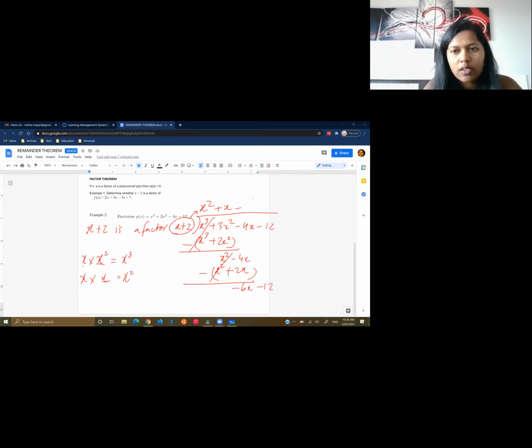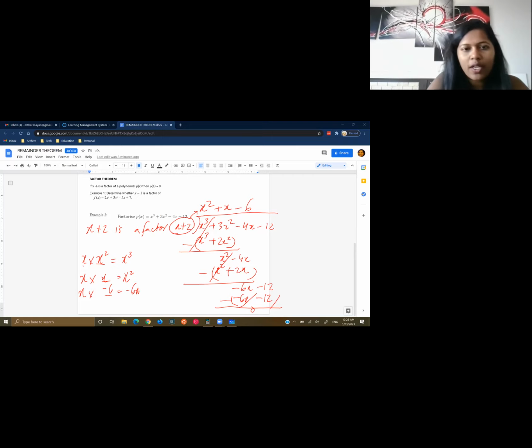Now here I need a negative 6, because x times what gives me negative 6x, and it's negative 6. So when I multiply, I get negative 6x and negative 12, and that's eliminated and it's 0. So what I have here is this.